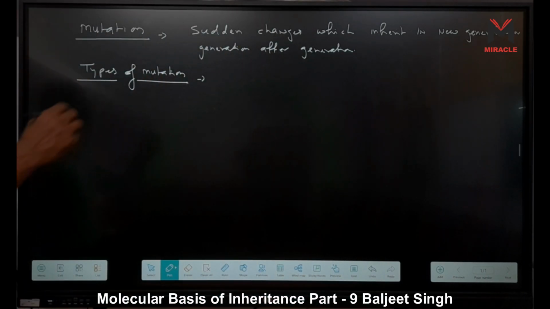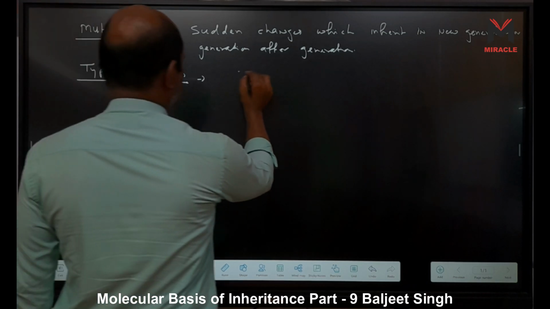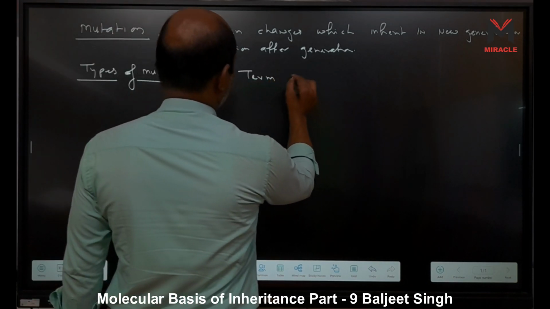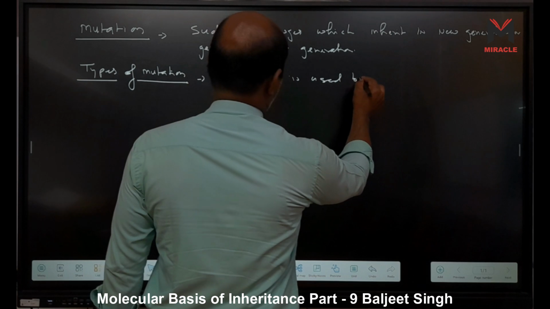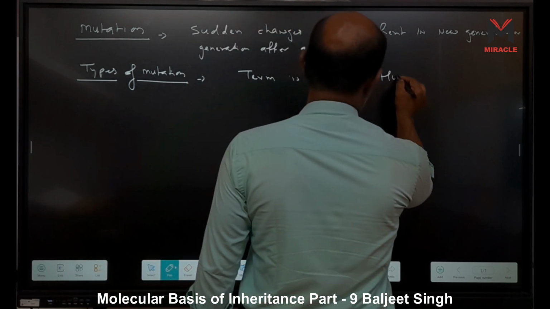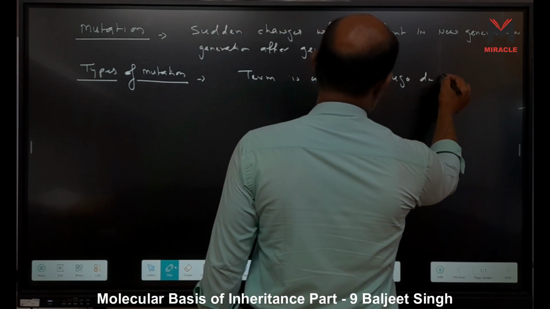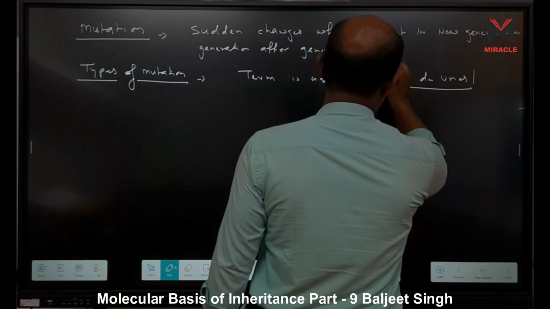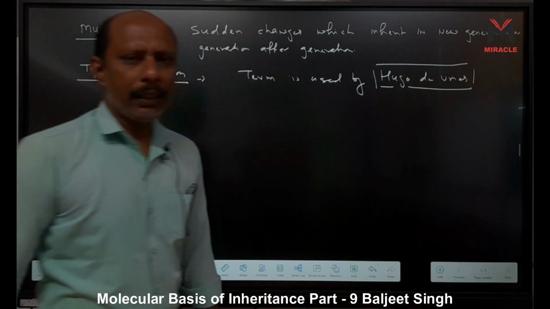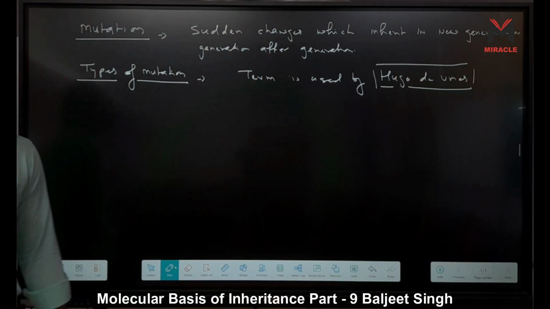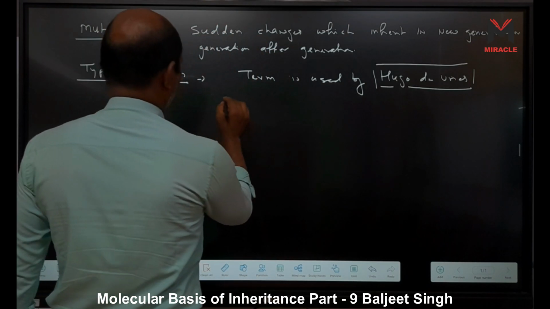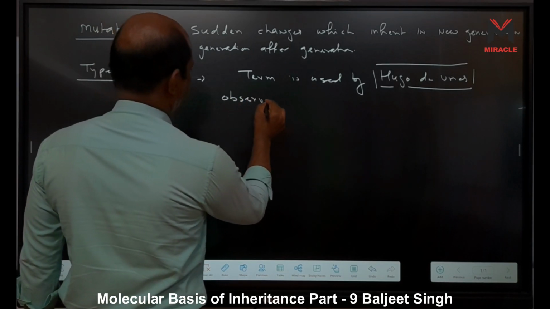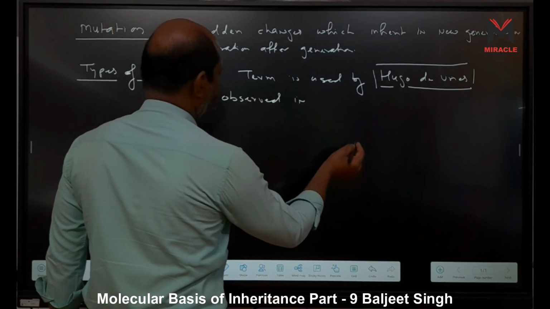This term mutation was first used by Hugo de Vries, and he observed this mutation in evening primrose.